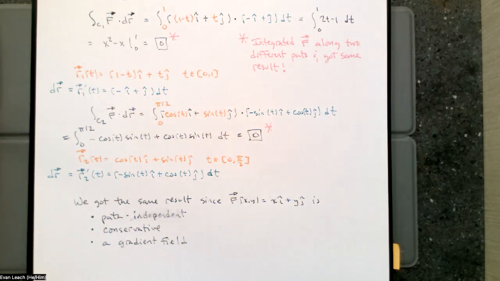When you're dealing with a gradient field or a conservative vector field, which is a path independent vector field, all that matters is the endpoints. The path doesn't matter. All that matters is the endpoints.